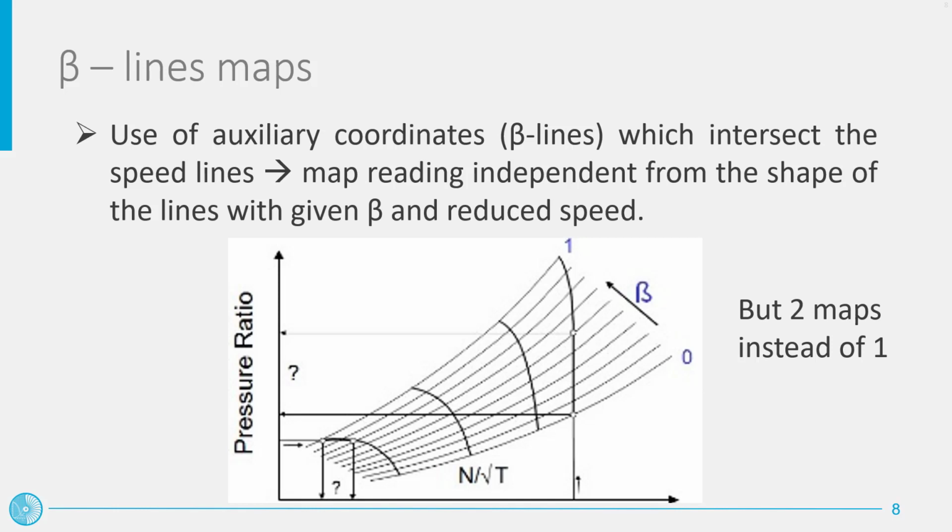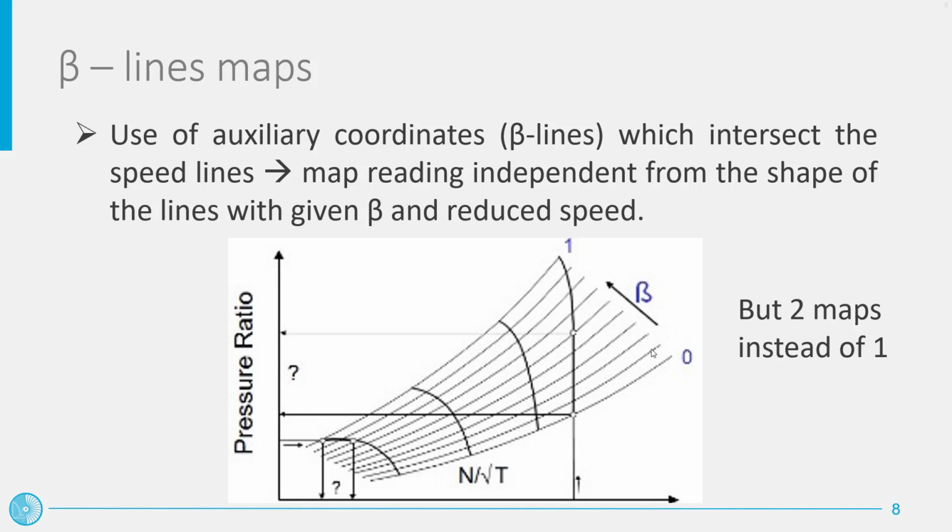The numerical trick that can be used to solve these issues is to introduce an auxiliary coordinate, beta, and define the so-called beta lines or R lines. These lines are parallel to the surge line and evenly spaced to cover the entire operating range of the compressor, from the surge line to the choking line.